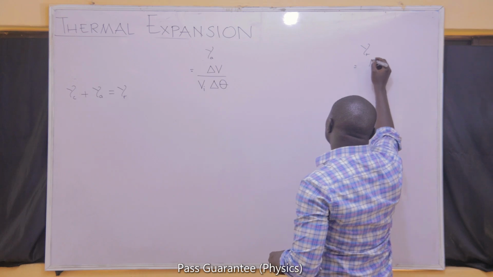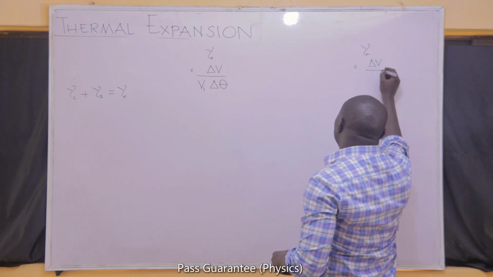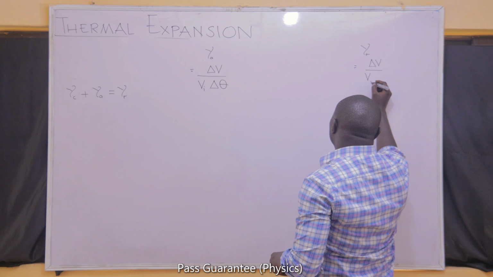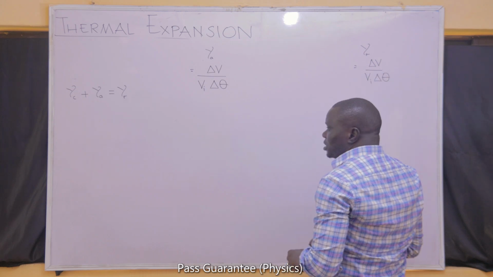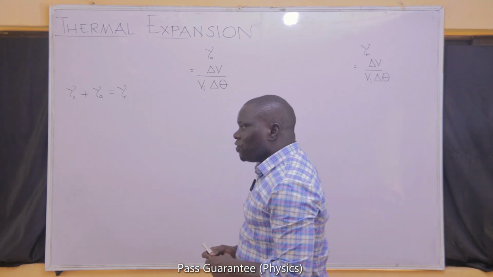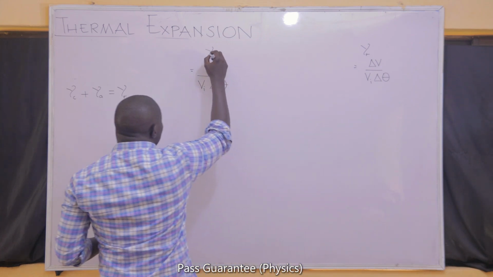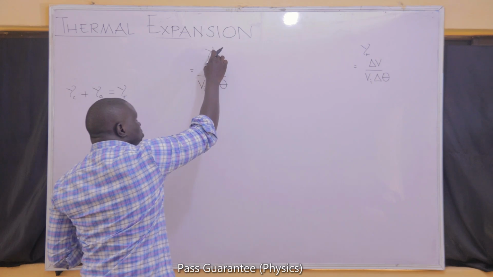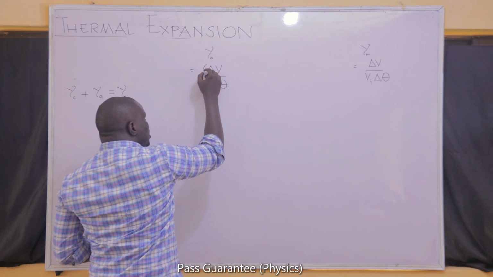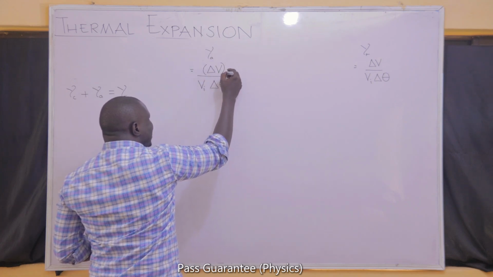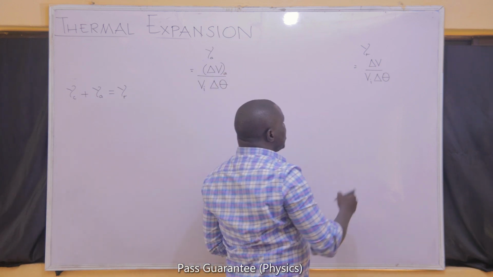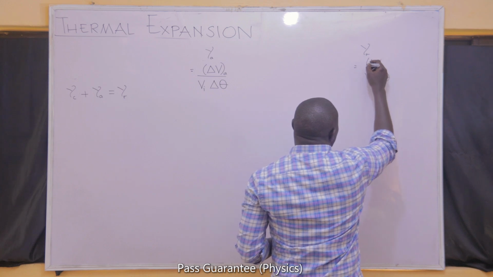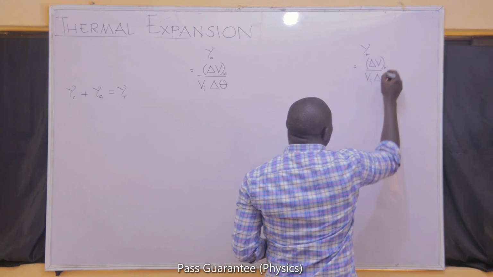It looks like the same formula, only for the fact that if you are looking for apparent cubic expansivity, the change in volume that you are expected to use is the apparent change in volume. If you are looking for the real cubic expansivity, the change in volume must be the real change in volume.